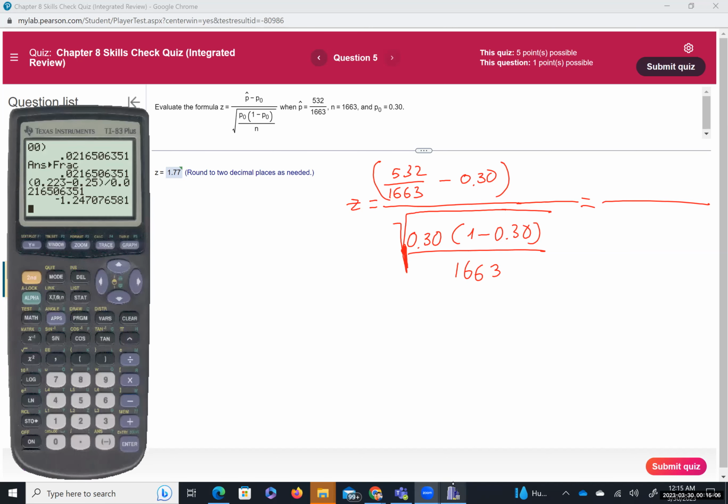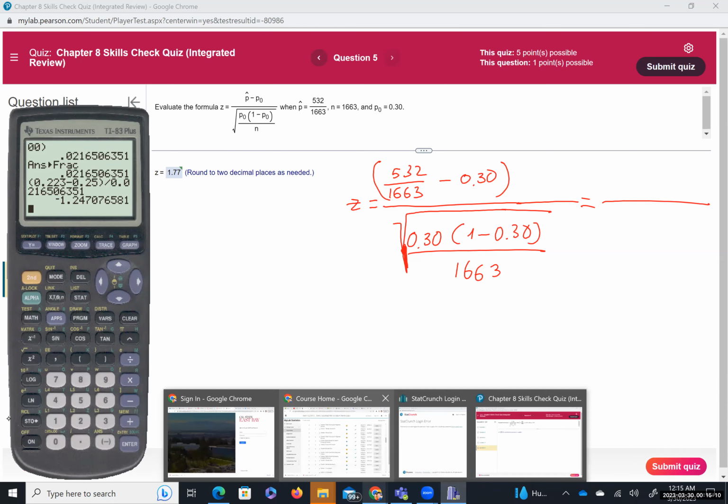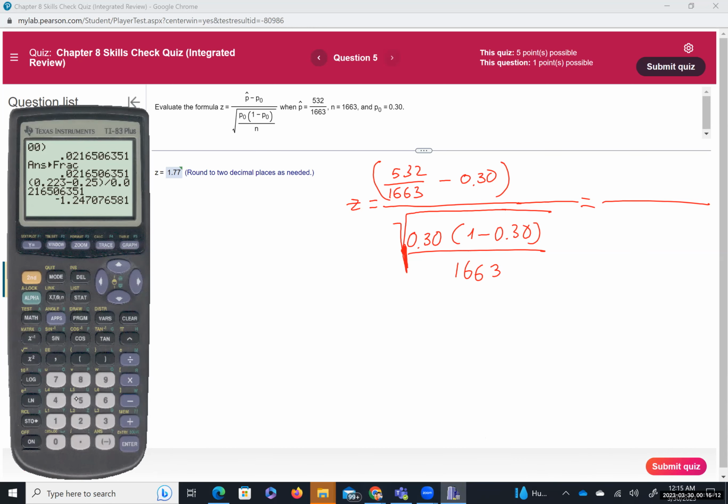All right, so let me show you another way I do it. I do only the top first. So it's going to be parentheses, 532 divided by 1663, and then minus 0.30.